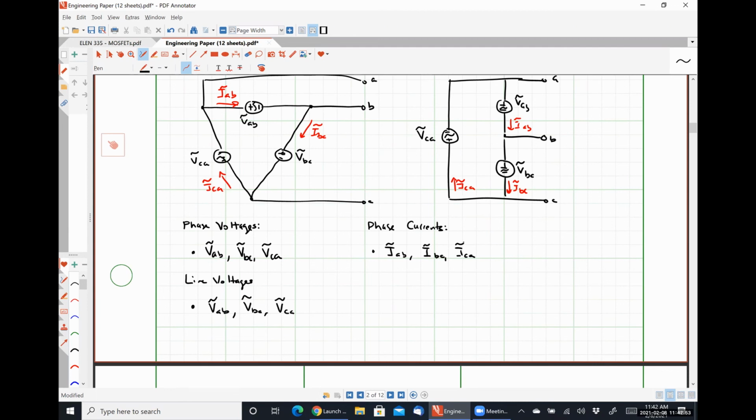There are also two different possible loads that we can connect through transmission lines to a three-phase system. So all we're going to be dealing with in this class for the next several weeks, until the end of the quarter, is those four possible permutations: Y connected source to Y connected load, Y connected source to delta connected load, delta connected source to Y connected load, and delta connected source to delta connected load, or some variation on that, meaning that we could have loads in parallel.